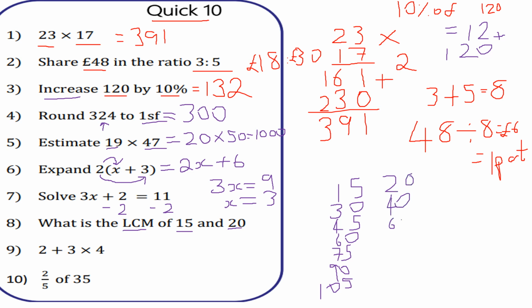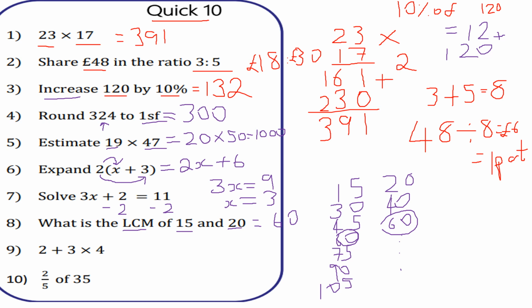So 60 appears in both, so I don't have to go any further. So 60 is my lowest common multiple. It's the smallest number that appears in both lists, the smallest number that appears in both times tables.